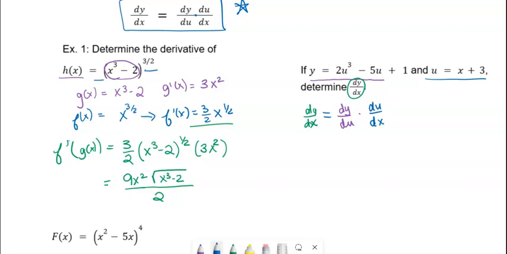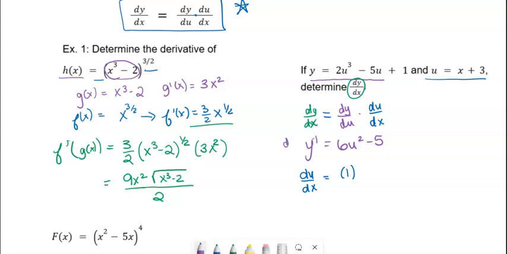The first thing I'm going to do is find the derivative of y in relation to u. So the derivative of y is 6u squared minus 5. And now I'm going to find the derivative of u in relation to x, and that's just going to be 1.